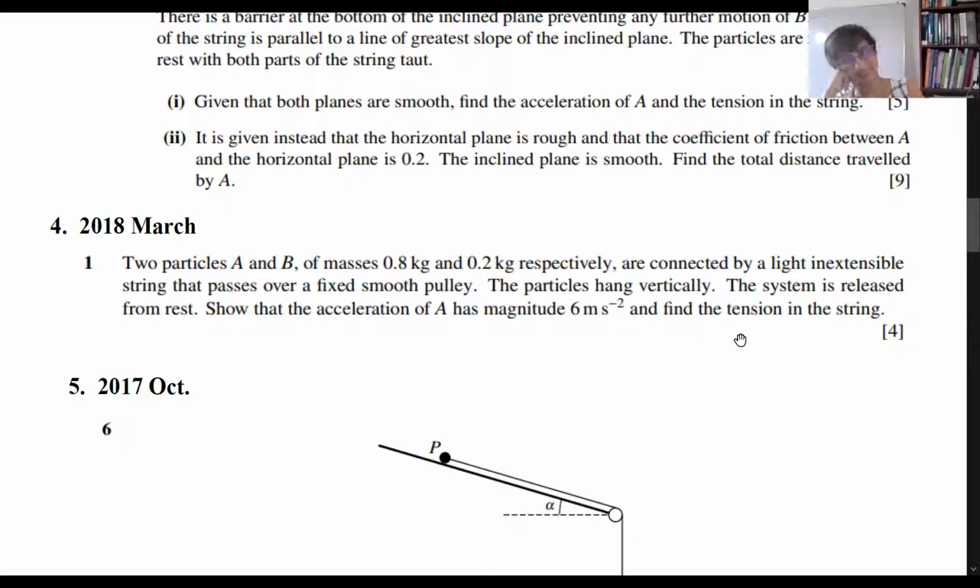Hatfi, you're right. So Hatfi has given the answers. Kavindi, you're right. Acceleration, Kavindi?